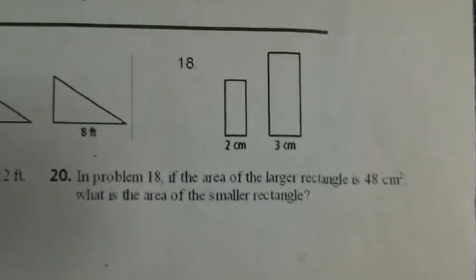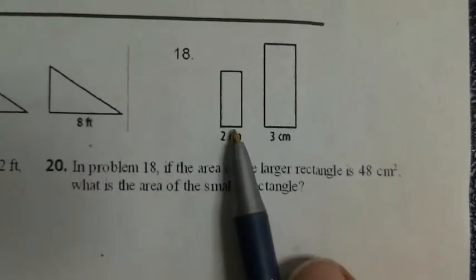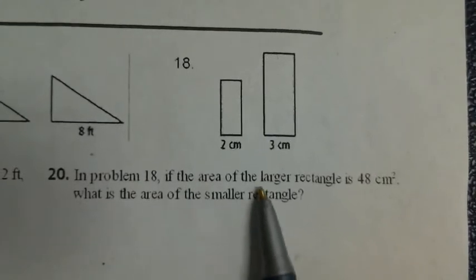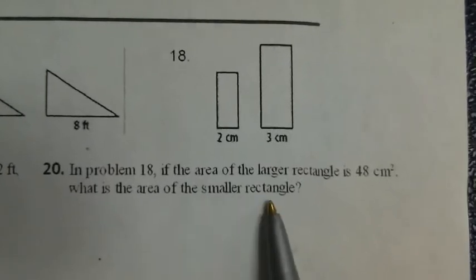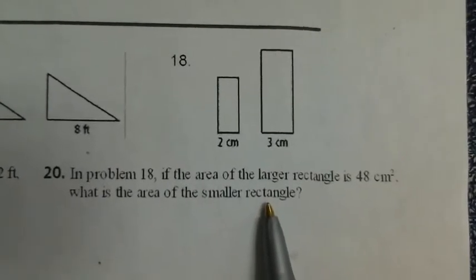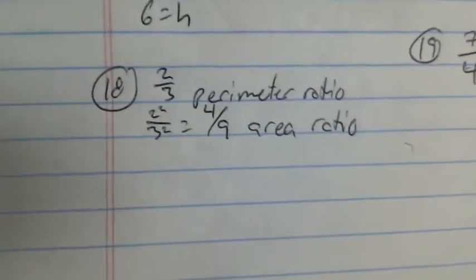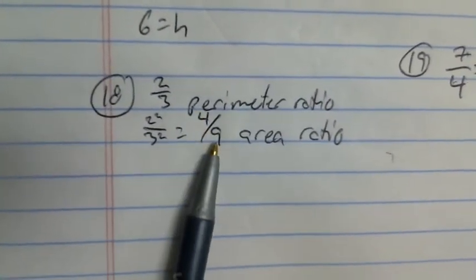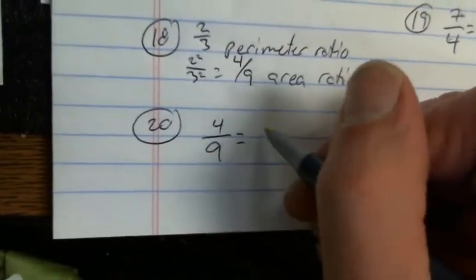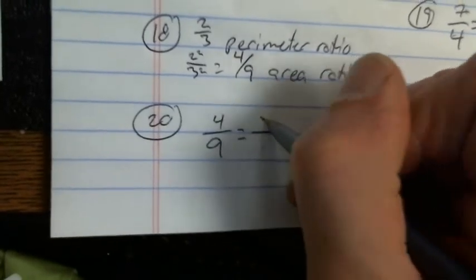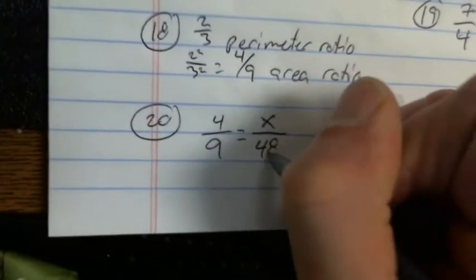And 20. In problem 18, if the area of the larger rectangle is 48 square centimeters, what is the area of the smaller triangle? So we found our area ratio earlier. It was 4 to 9. That was small to big. We're given the larger one. So 4 to 9 is going to be the ratio of the small one to the large one. The small one we don't know. The large one is 48.